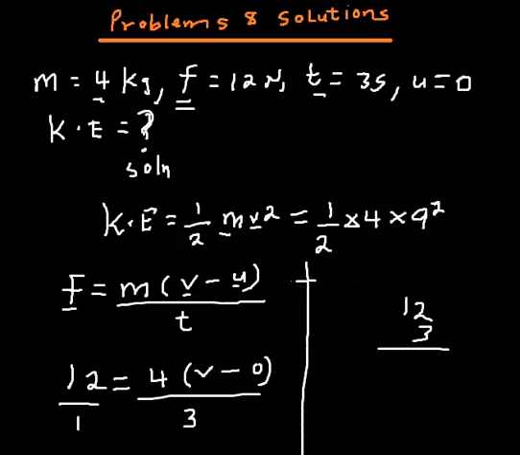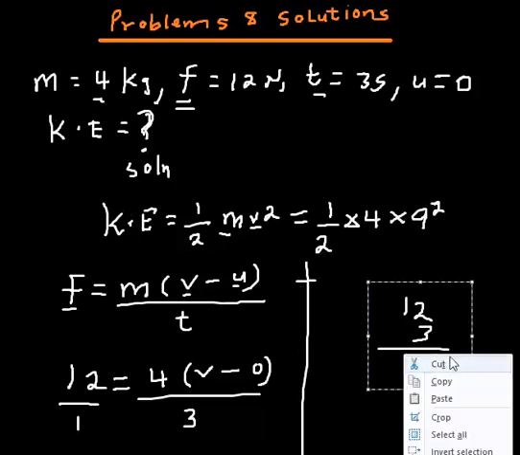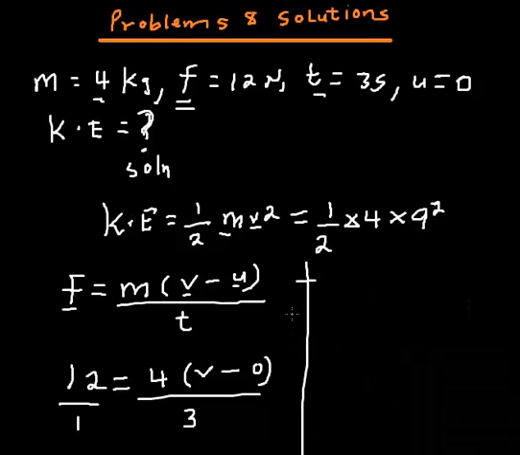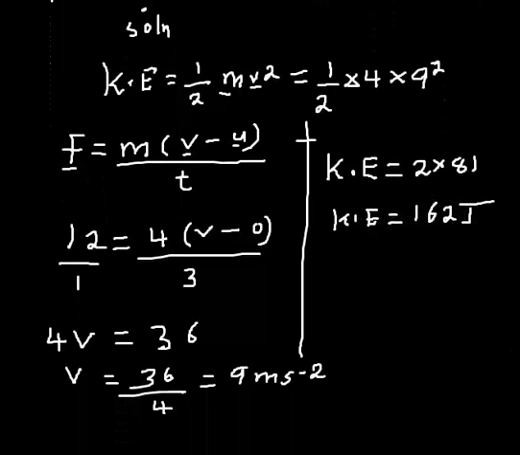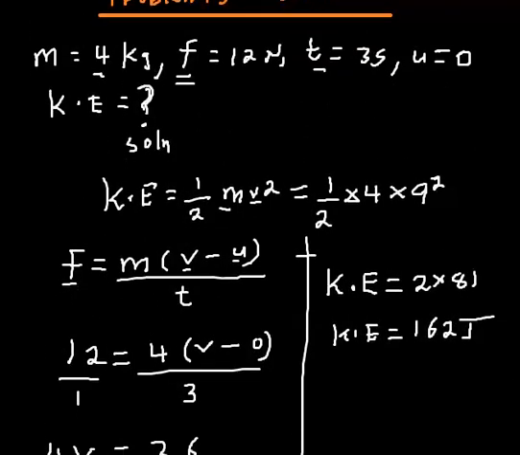So my kinetic energy is going to be equal to half of 4, divided by 2, is of course 2. That's 2 times 9 square, which is 81. So 2 times 81, that's 162. So the kinetic energy is 162 joule. All right, I hope that is well understood.